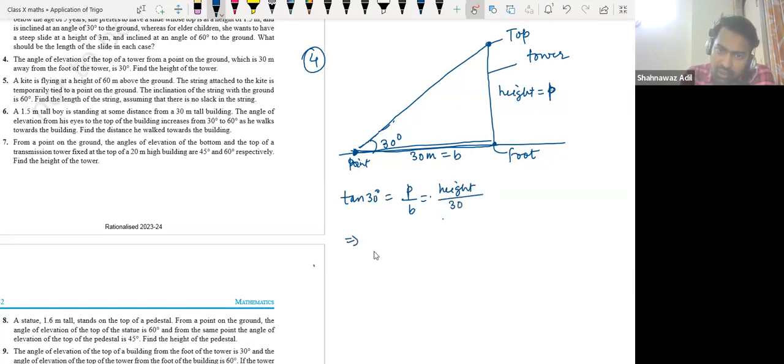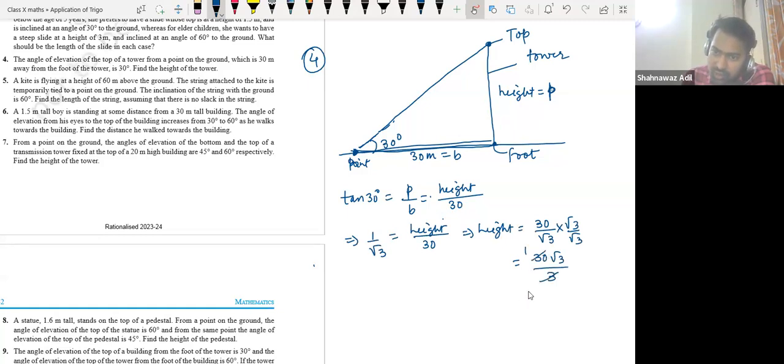Tan 30 is 1 by root 3, so 1 by root 3 is height by 30. So height is 30 by root 3. If we rationalize this, it is 30 root 3 by 3, which is 10 root 3. This is the height of the tower.